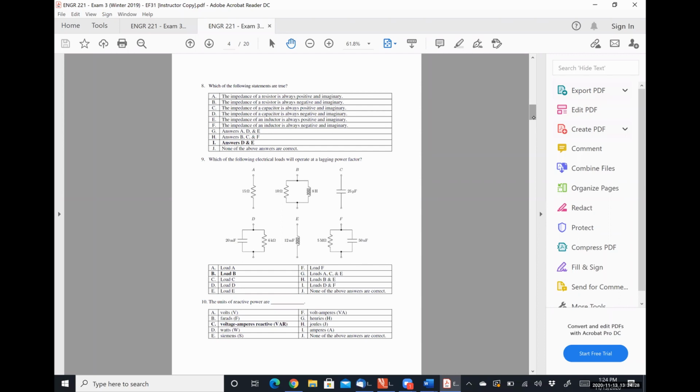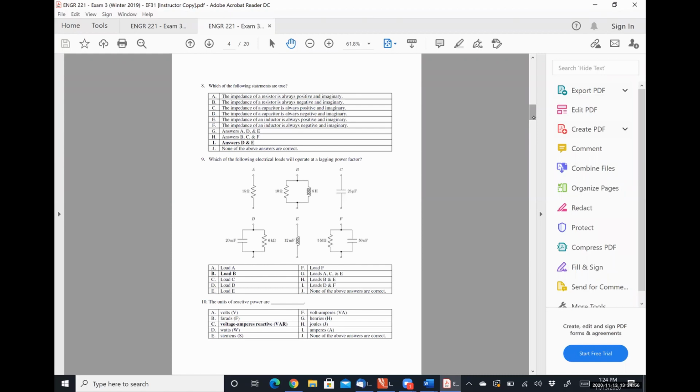B. The reason why it's B is because it has an inductance and a resistance. E doesn't operate at a lagging power factor because it's purely inductive, which means its power factor is 0, and 0 is neither leading nor lagging. Anytime your load has some resistance and some inductance, it will operate at a lagging power factor.